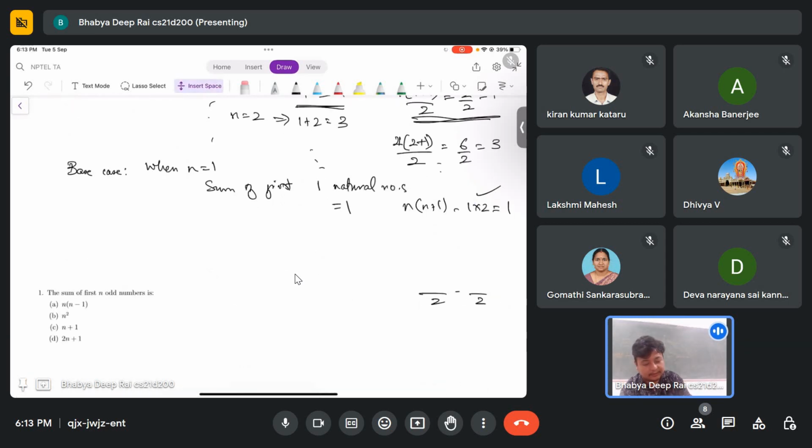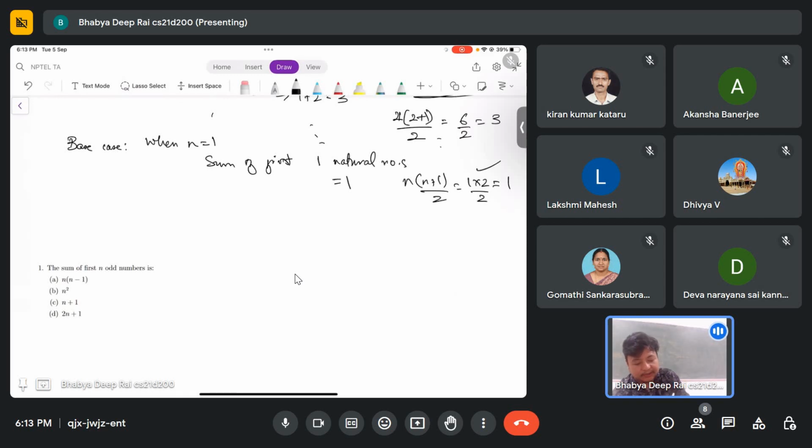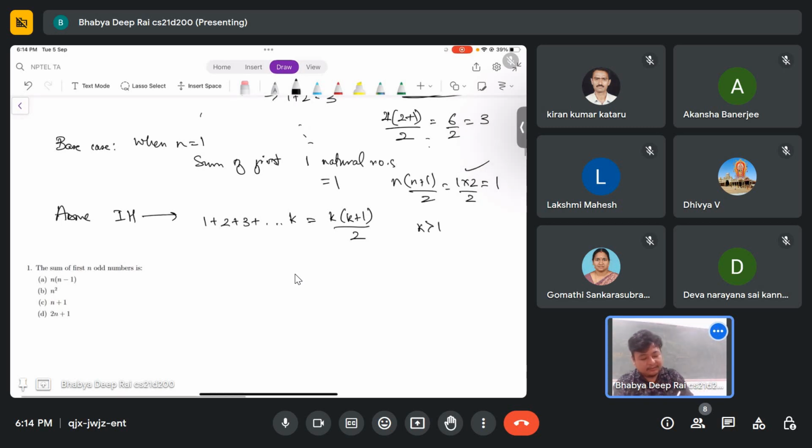Similarly, you assume the inductive hypothesis. And what is the IH? The IH is as follows: 1 plus 2 plus 3 plus so on till some k is equal to k times k plus 1 divided by 2, for some k greater than 1.